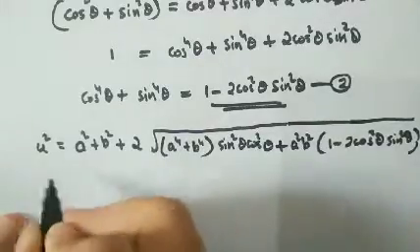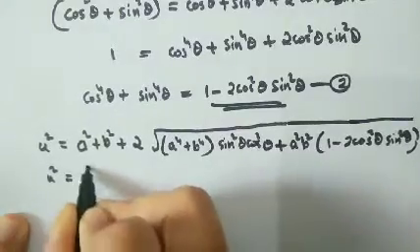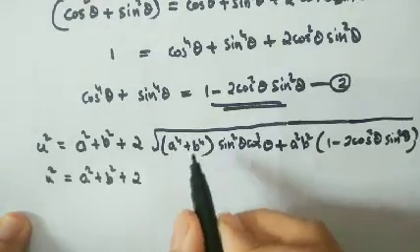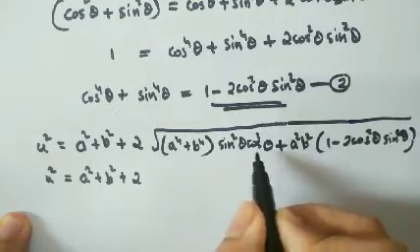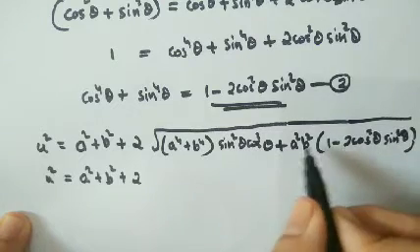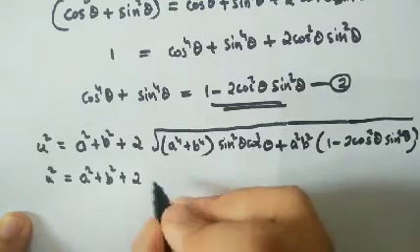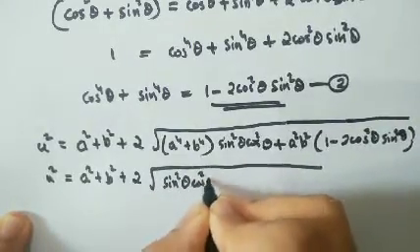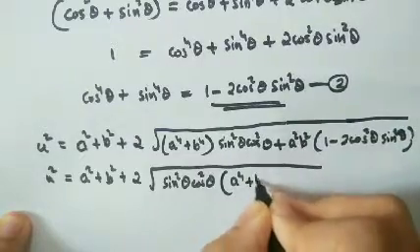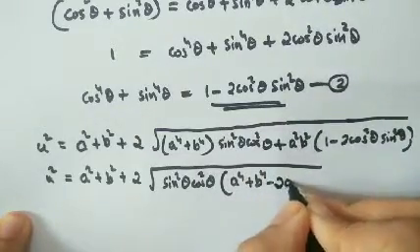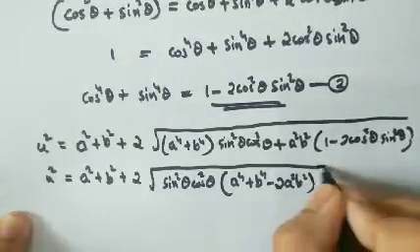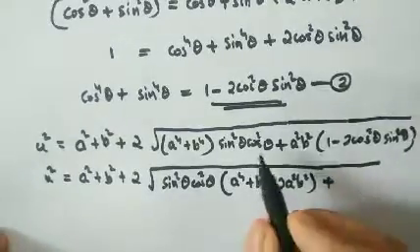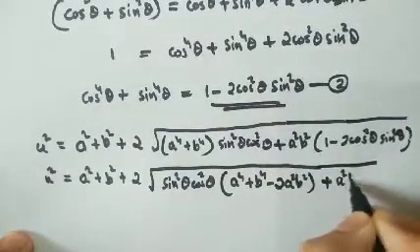Now again I can simplify this. Just look carefully. This is a raised to 4 plus b raised to 4 sin square theta cos square theta. Here also I will be getting minus 2a square b square sin square theta cos square theta. So when I take sin square theta and cos square theta common here, I will be having a raised to 4 plus b raised to 4 minus 2a square b square, plus I will be having a square b square term here.